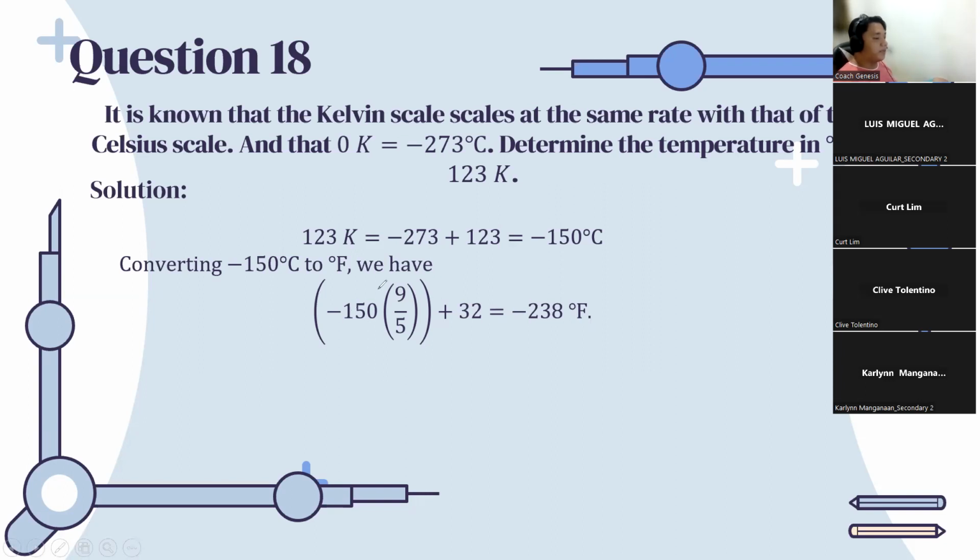So you have negative 150 multiplied by 9/5 and then plus 32. So that will be negative 30 times 9, negative 270. Negative 270 plus 32, that is negative 238. So we have here the answer for number 18, negative 238 degrees Fahrenheit.